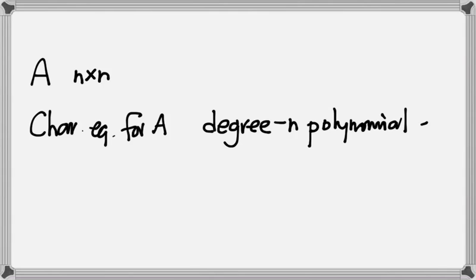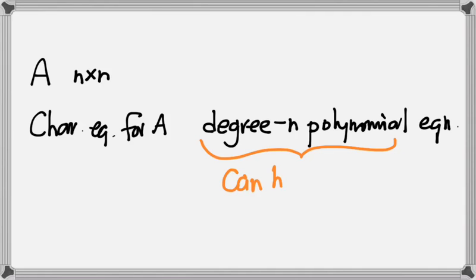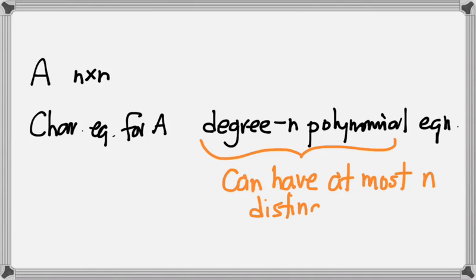And the big finish here is how many solutions can a degree n polynomial equation have? It can have at most n distinct solutions. That's the fundamental theorem of algebra.